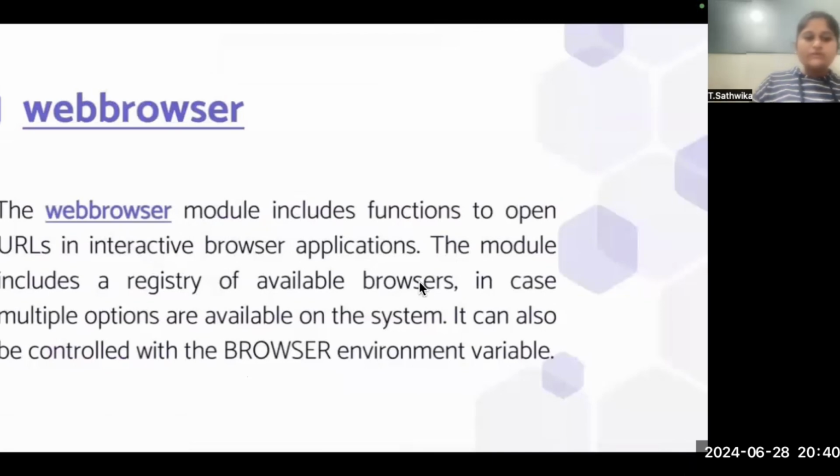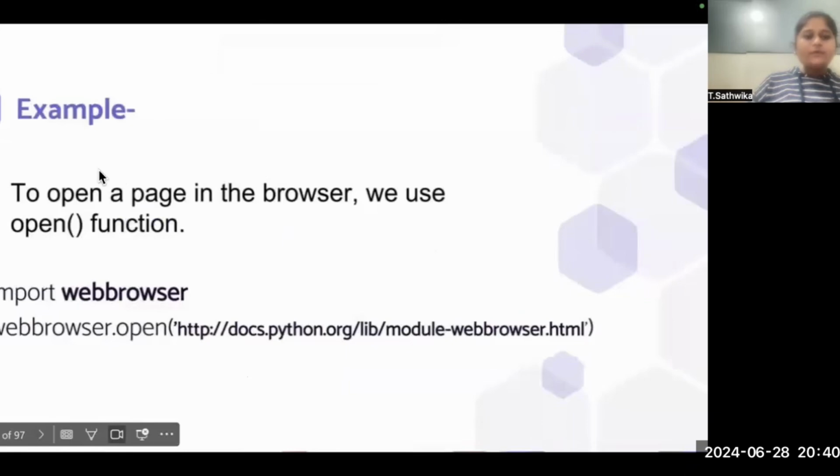Then the module includes a registry of available browsers. In case multiple options are available on the system, it can also be controlled with the browser environment variable. Example, to open a page in the browser, we use the open function, and we can import webbrowser, then webbrowser.open with the link.